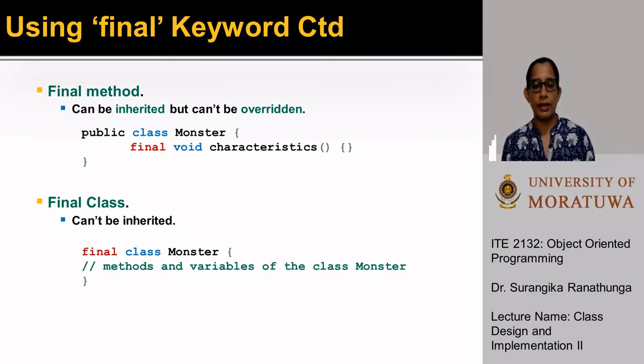And finally, if the final keyword is used with the class, for example, if we have a final class Monster, this means this class cannot be inherited, right? Although it cannot be inherited, it can be instantiated.